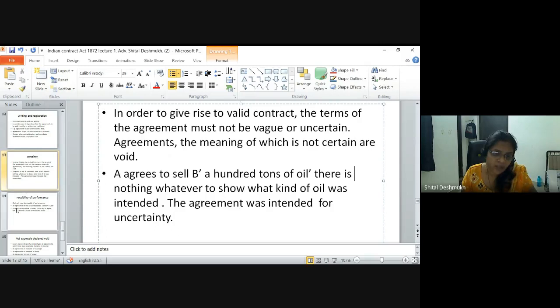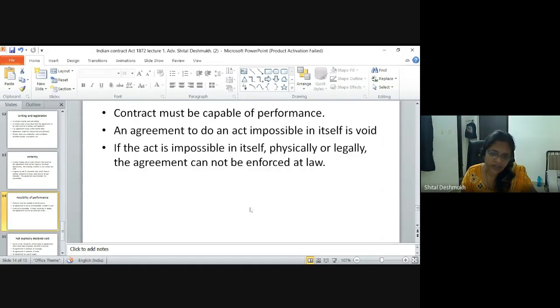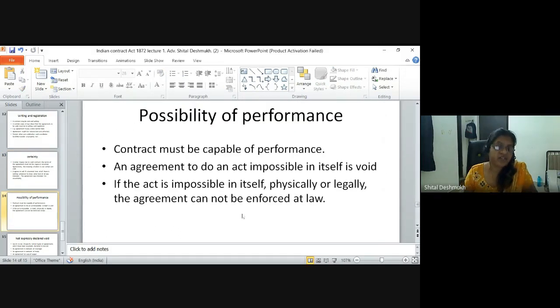Then we have the possibility of performance. Of course, the contract must be capable of performance. If A contracts with B that B can pluck the stars in the sky for A's girlfriend, the performance is not possible. An agreement to do an impossible act is not a valid contract. An agreement to do an act impossible in itself is void.